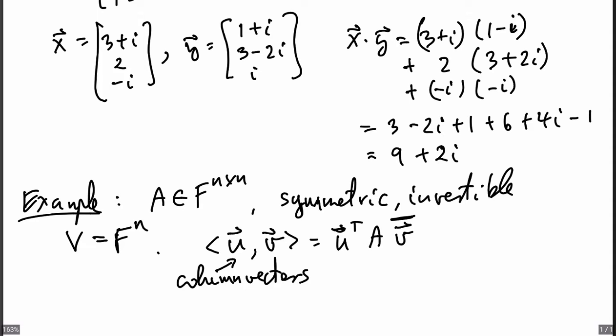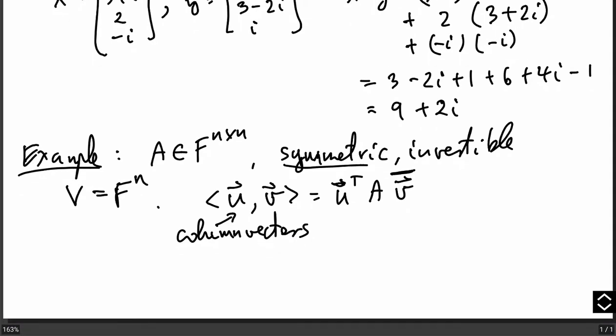The nice thing about this is that you don't have to multiply together two matrices in addition, but what we need is a symmetric invertible matrix for A. And if you check what the result is, we have an n by n matrix here, multiplying an n by 1 vector, and this is a transpose, so this is a 1 by n vector.